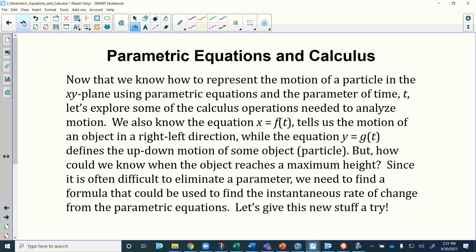Here it's telling you that the x equation is going to tell you your horizontal motion, where your y equation will indicate your up and down motion.